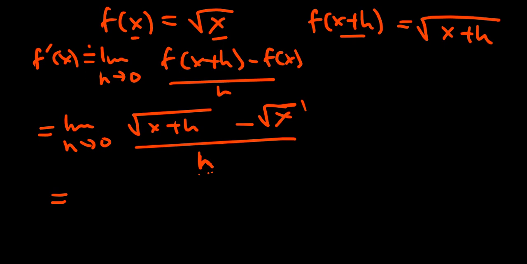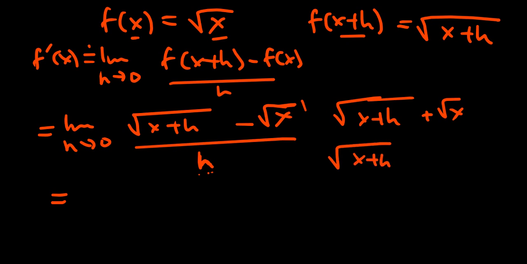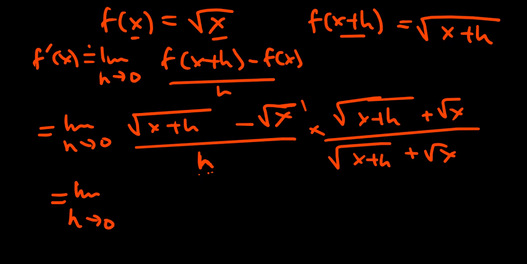So I will multiply the top and the bottom by root of x plus h plus root of x, like that. Then I'll get the limit as h approaches 0 to be, so that these will cancel out, or square out.